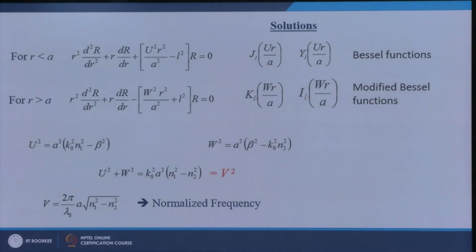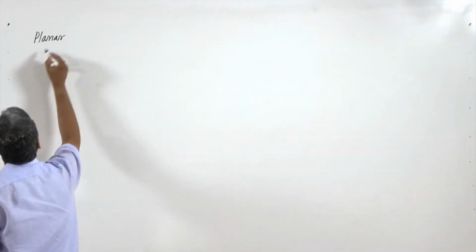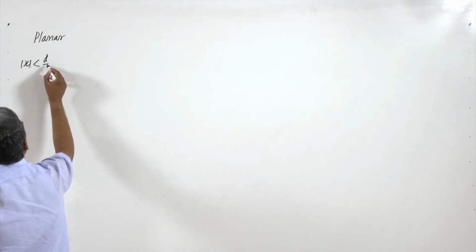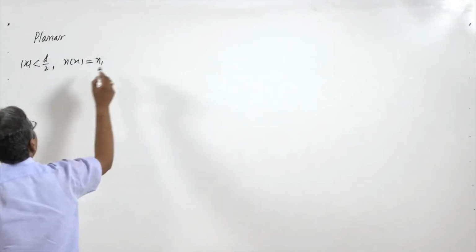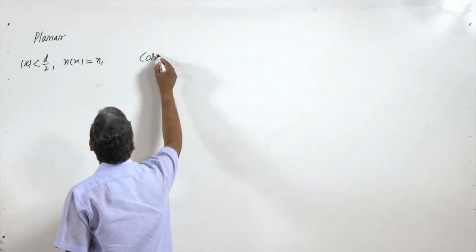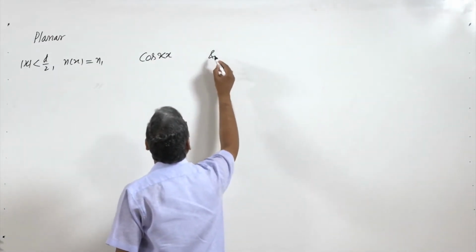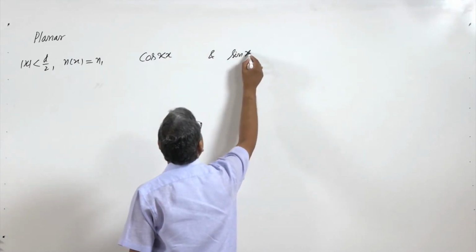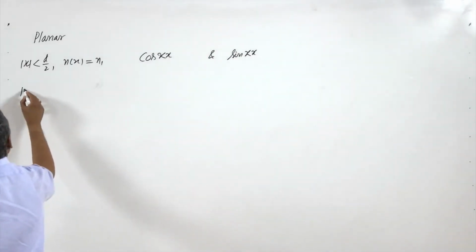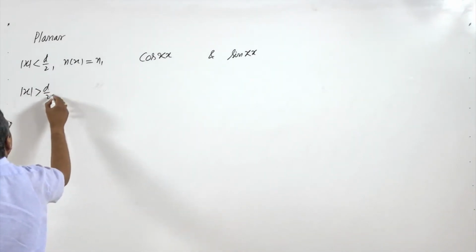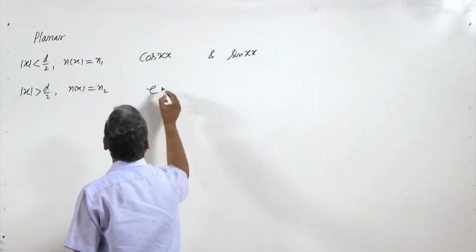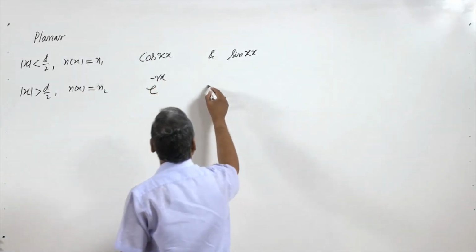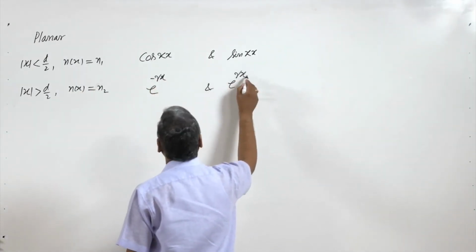As we were discussing, in case of planar waveguide, for mod x less than d by 2 where n x was equal to n 1, I had the solutions cosine kappa x and sine kappa x, while in the region mod x greater than d by 2 where n x is equal to n 2, I had solutions e to the power minus gamma x and e to the power gamma x.